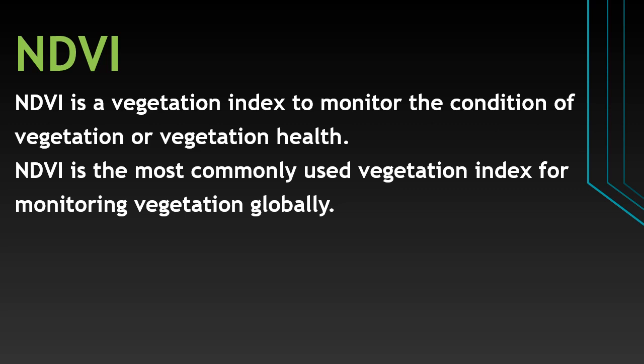And we can also study agriculture. We can study the crop health. So it's very important to study the NDVI, and it will help us to monitor the environment as well as human activities in the form of agriculture.